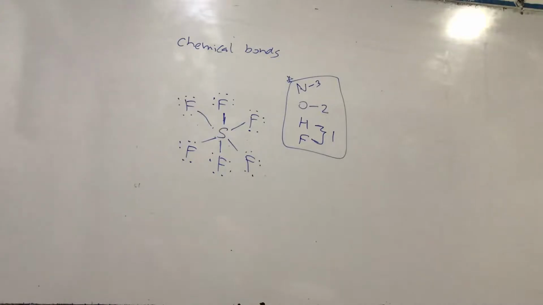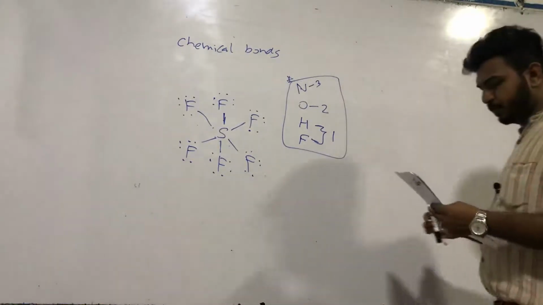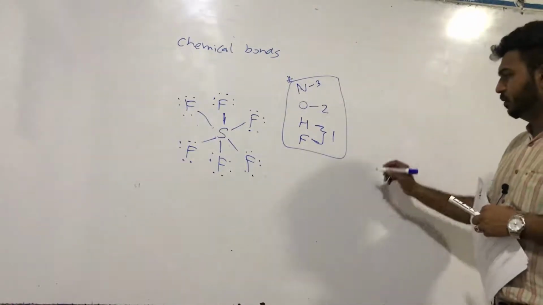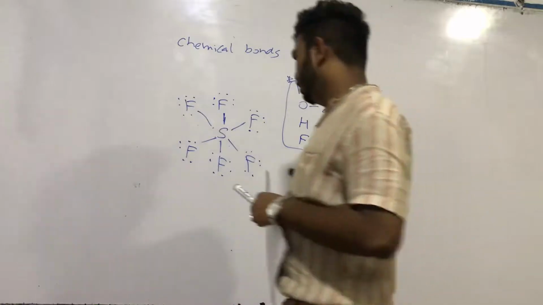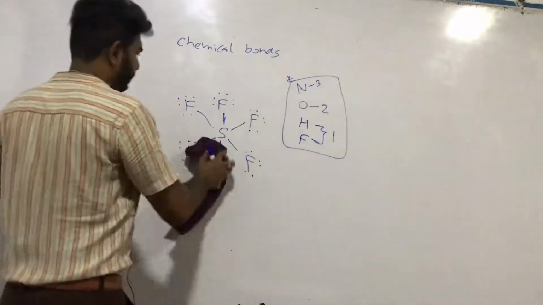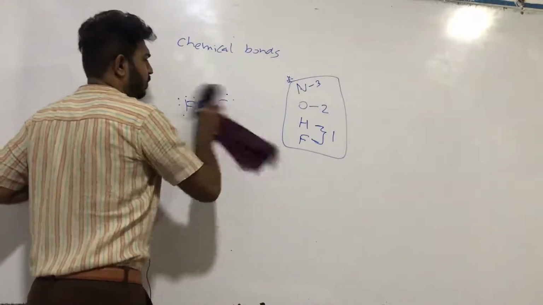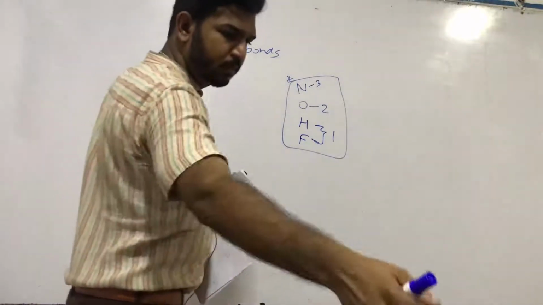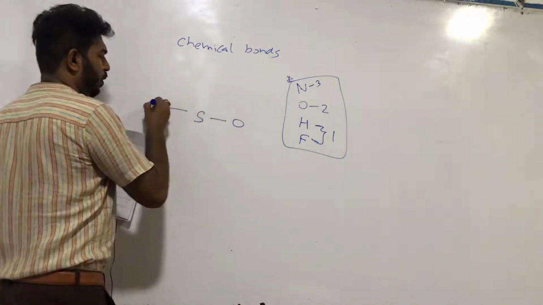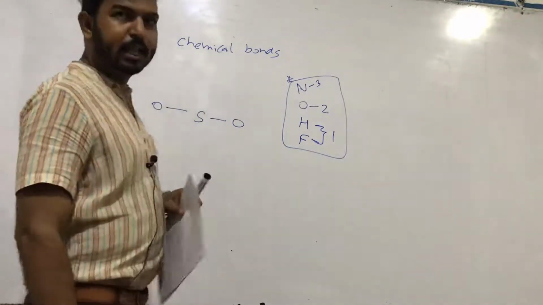Okay, so then let's try to draw the structure of SO2. First you have to draw the skeleton. So I'll draw the skeleton as SO. So this is the skeleton.